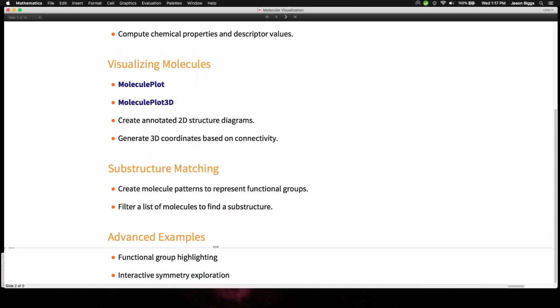And then, time permitting, I have a couple of really neat interactive examples showing how, given a list of functional groups, you could create an interactive plot showing them, and also symmetry. So that one's really neat. I might fly to the end of it if we're running short on time.